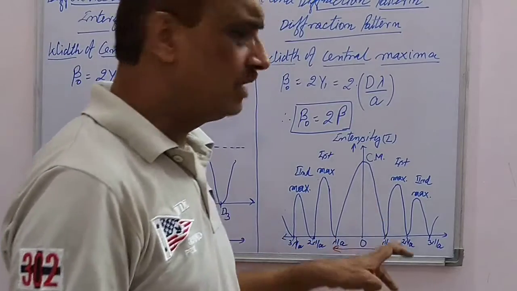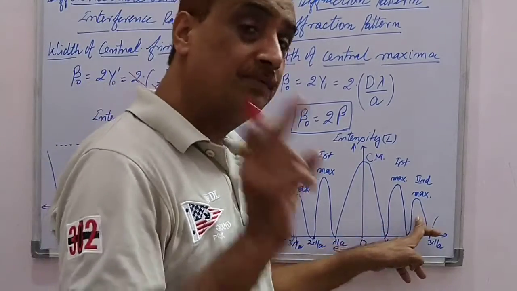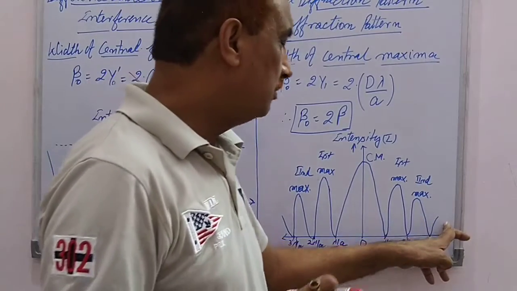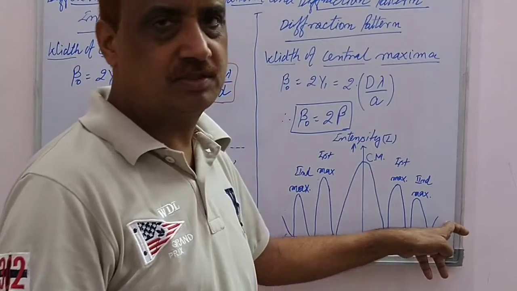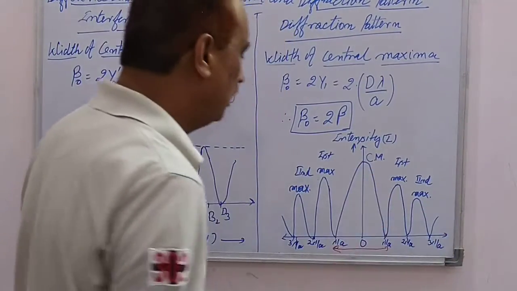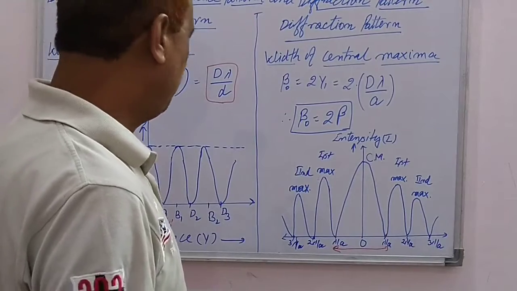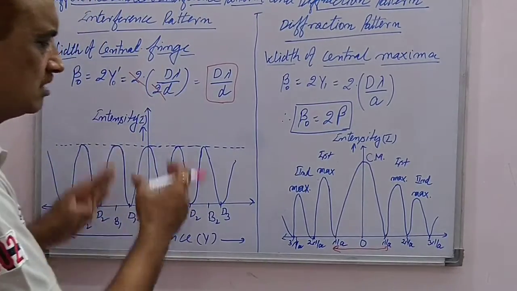Because when we find the intensity, it is observed by the third part of the slit, then by the fifth part of the slit. Similarly, we have to find the intensity of light from the seventh part of the slit. So the intensity is reducing continuously in the diffraction pattern, but in the interference pattern the intensity remains the same.